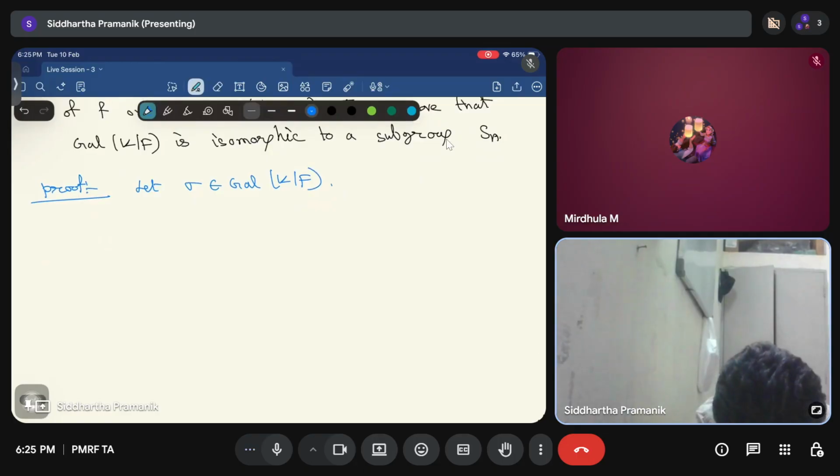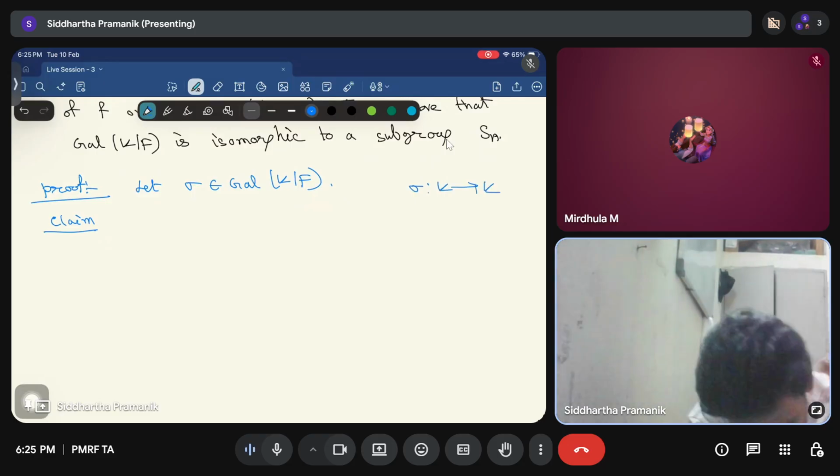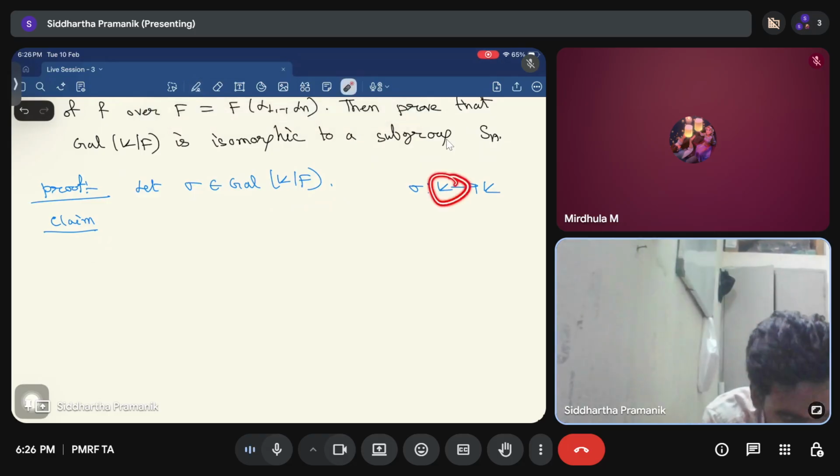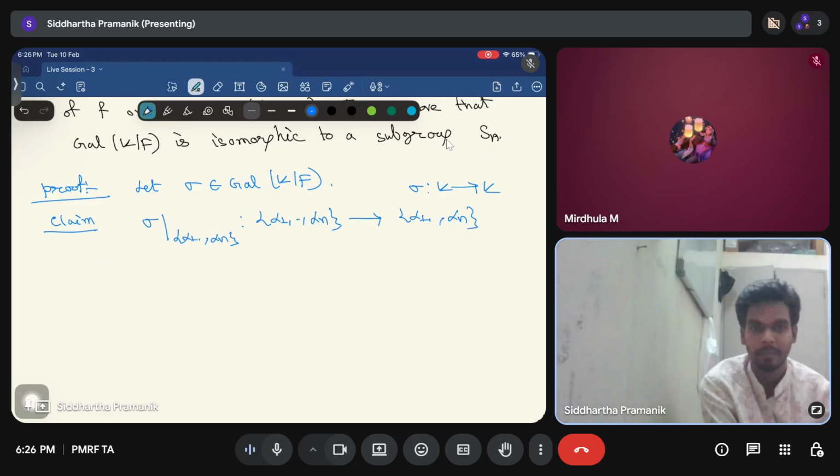So my claim is, sigma is a map from K to K, right? And alpha 1 up to alpha n, all these are elements lying in this field K. So if we restrict sigma to this set alpha 1 up to alpha n, then this map has to be a bijection.